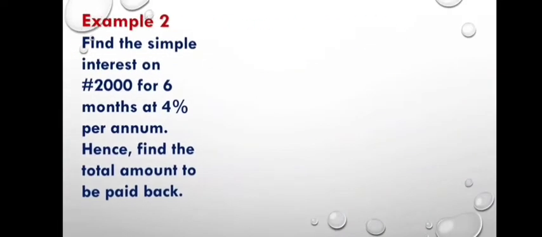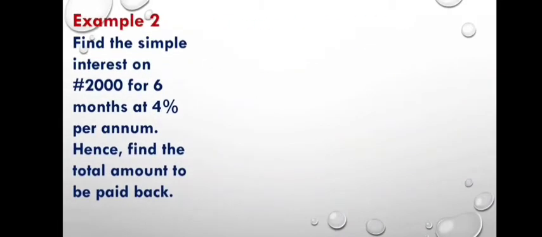Let's take another example. Find the simple interest on 2,000 naira for 6 months at 4% per annum. Per annum means yearly. Hence, find the total amount to be paid back at the end of the period, which is for 6 months.